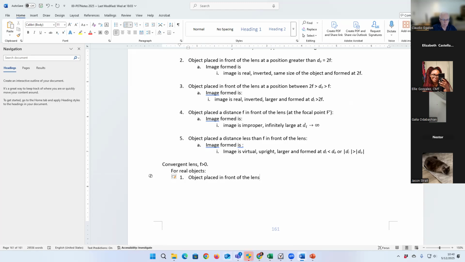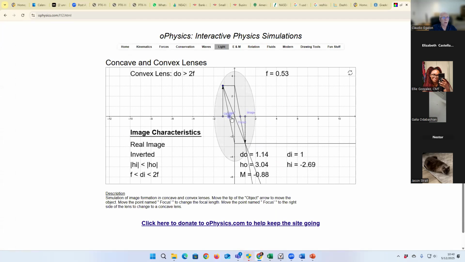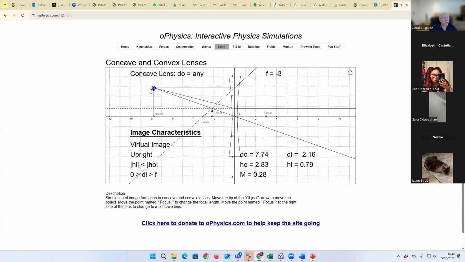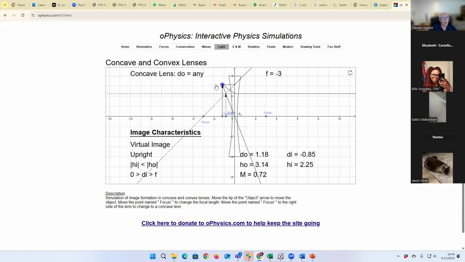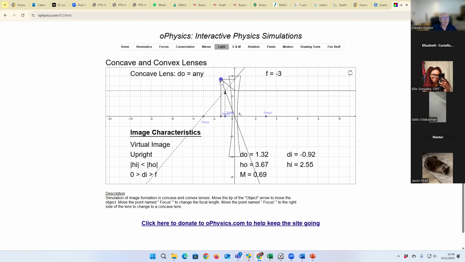And then we can see from our drawing, it's always going to be smaller, right? See that? Always. And it's going to be between the object and the lens.